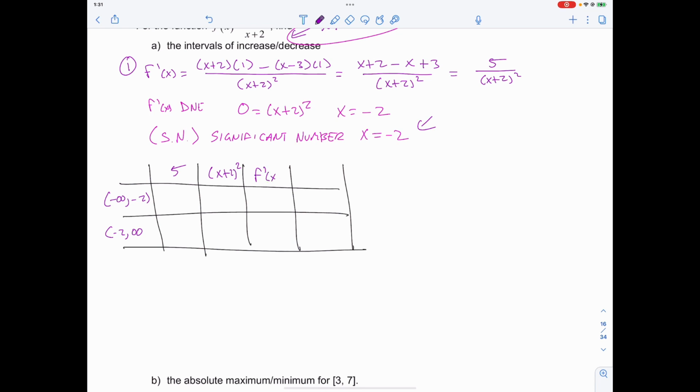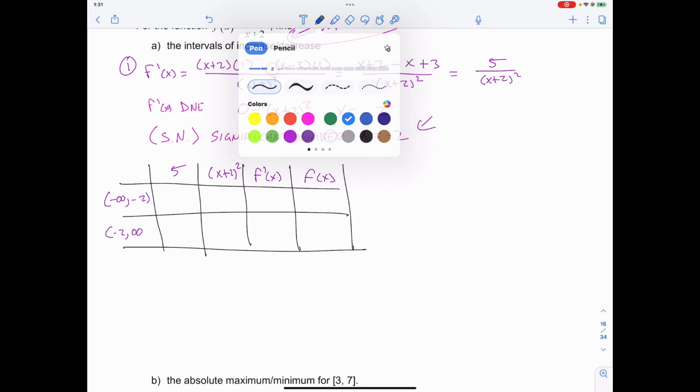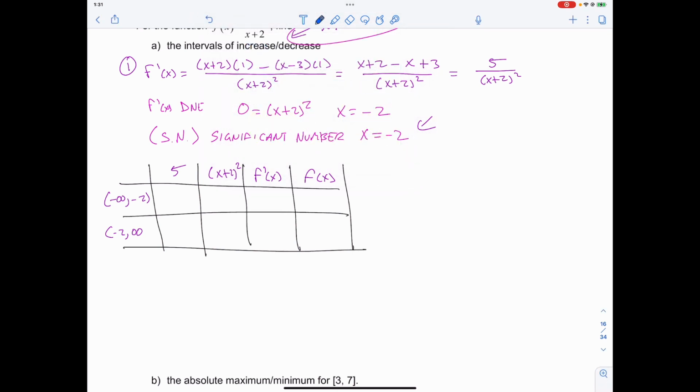I'm looking for my f prime of x and how that's relating to my f of x. So when I pick a number less than negative 2, this is going to be positive, and this is going to be positive. When I pick a number greater than negative 2, this is going to be positive, and this is going to be positive.